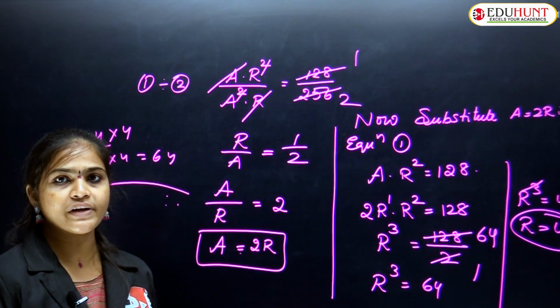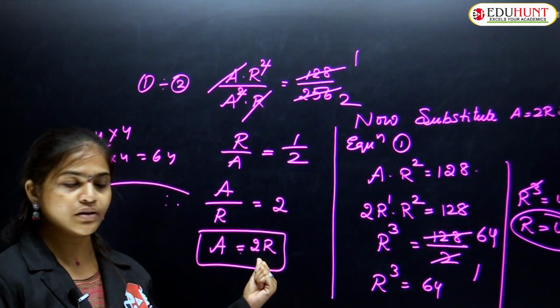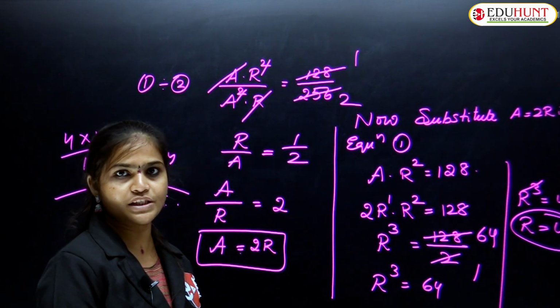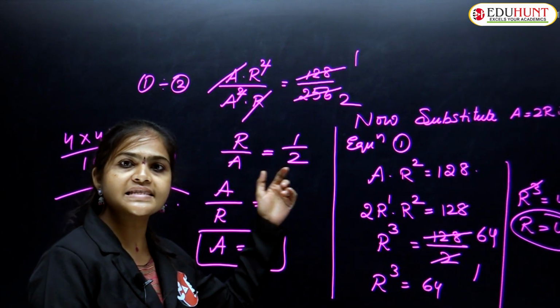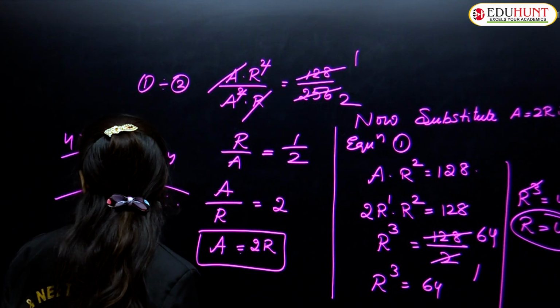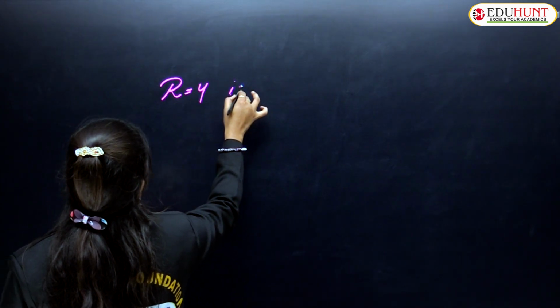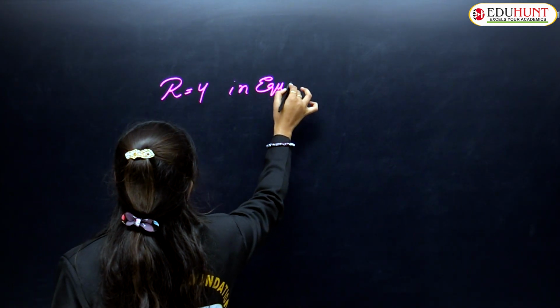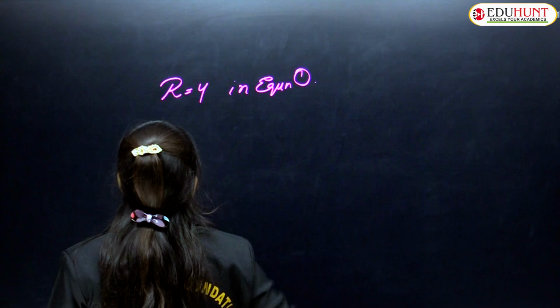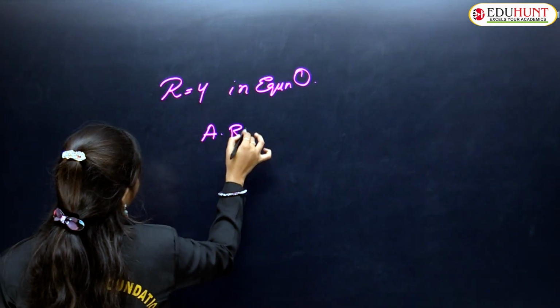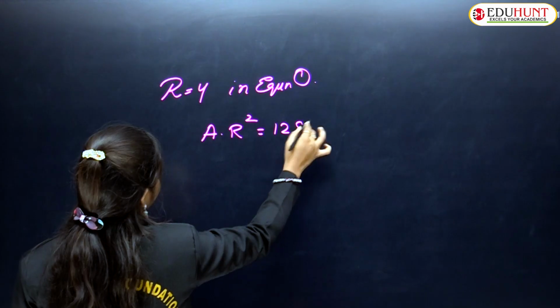Now what do we have to find out? We need to find A. So substitute R is equal to 4 in any one of the equations. If you want to substitute in the same first equation, you can carry on with that. So what is equation number 1? A into R square is equal to 128.